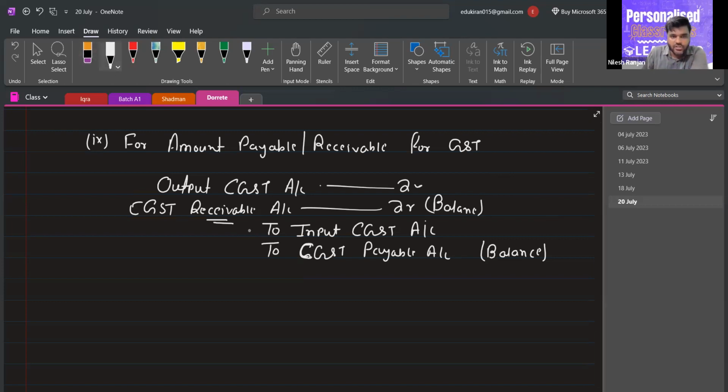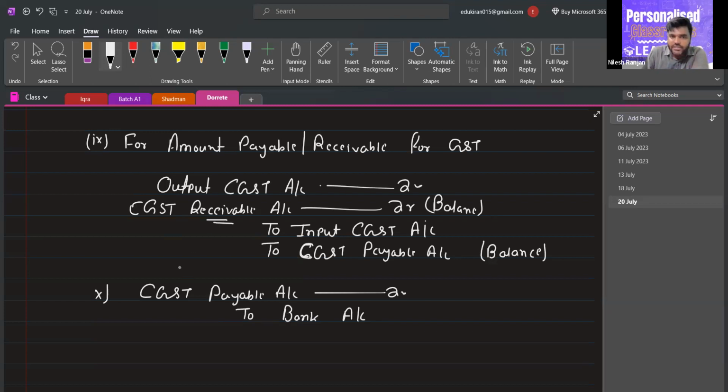After this, we have to pay the amount to the government. So CGST payable account debit to bank account. We will pay the amount to the government.